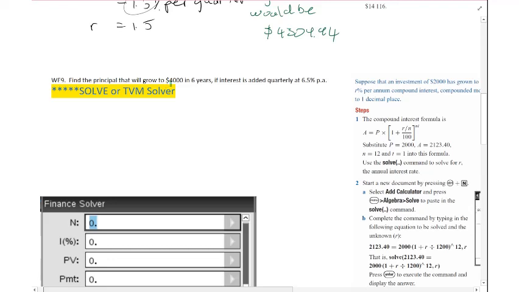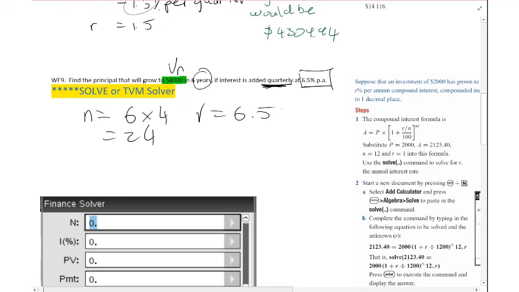So what we've got here, that's our VN. This is our number of years, but it's quarterly, okay? So our N is equal to 6 times 4, 24. Our R, we've said it's 6.5 per annum, but it's quarterly.